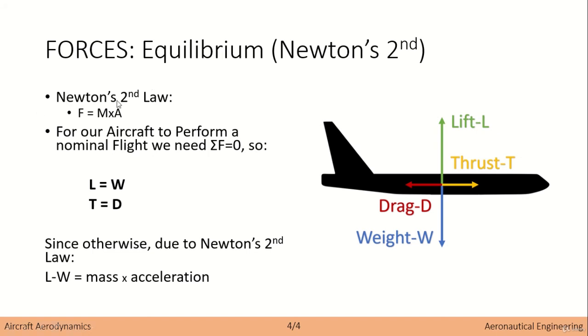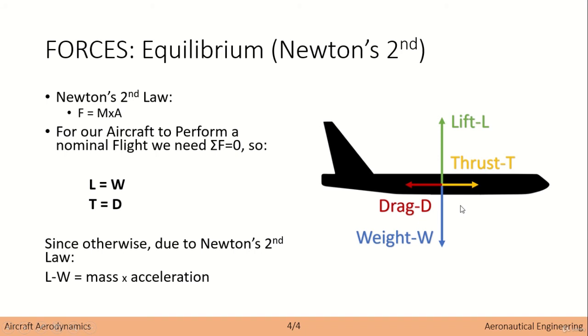As I mentioned, Newton's second law states that a difference in force will imply an acceleration of a certain mass. So if the weight is bigger than the lift, then you would have a difference in forces, and therefore a resulting force, which is the weight minus the lift, which would be different from zero, and because it is different from zero, the aircraft would be pulled downwards.